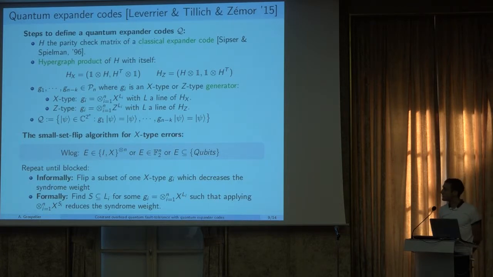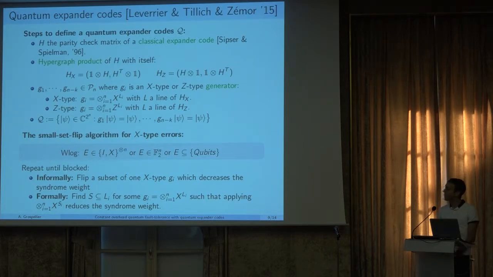These codes are nice because you can decode them using the small set flip algorithm. Without loss of generality, I will suppose that the error that has been applied on my quantum state is composed of X-Pauli matrices. And so I will see the error as a subset of the qubits. The small set flip algorithm is very simple.